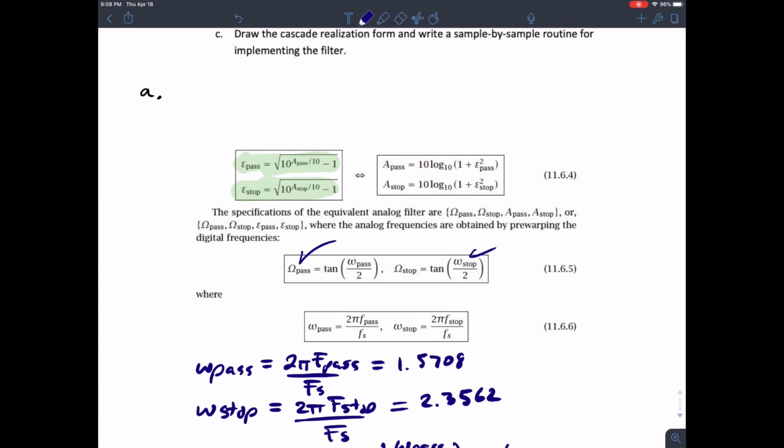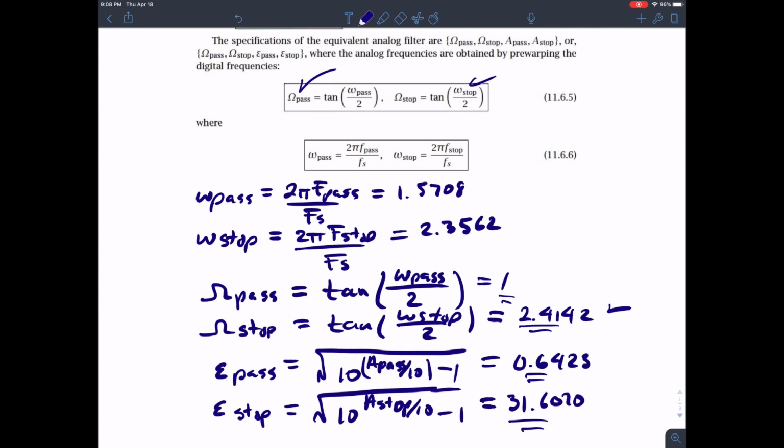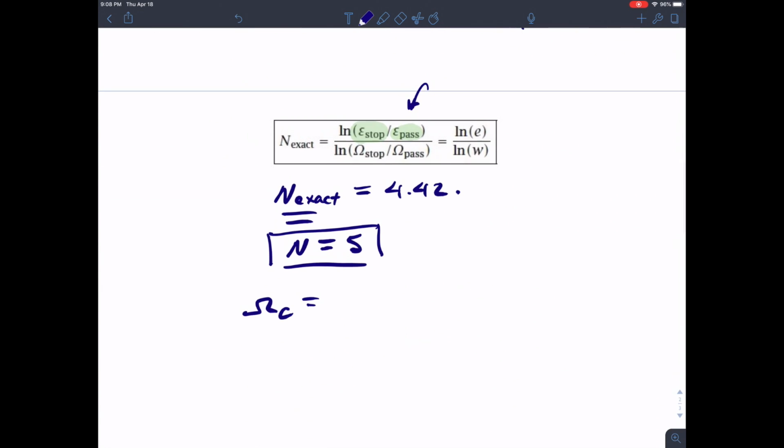This formula was derived by simply plugging into the constraints in the Butterworth filter, and we get that omega naught, the 3 dB frequency of the Butterworth filter, is omega pass divided by epsilon pass to the 1 over N, where N is 5 in this case.